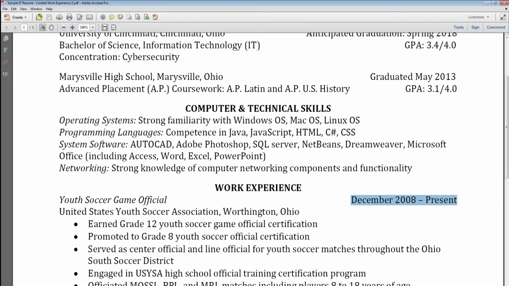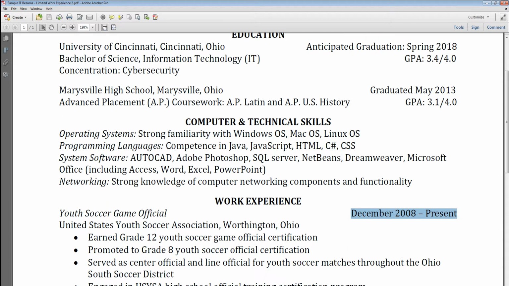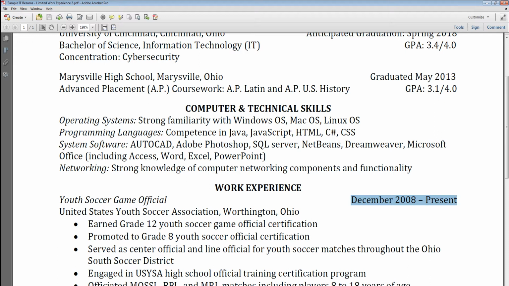Again, to follow the right alignment format I've used throughout and to balance the document, I've listed the term of employment as well here. Now, moving down a little bit further, I have the actual organization that this individual participated with. And in this case, it's the United States Youth Soccer Association.